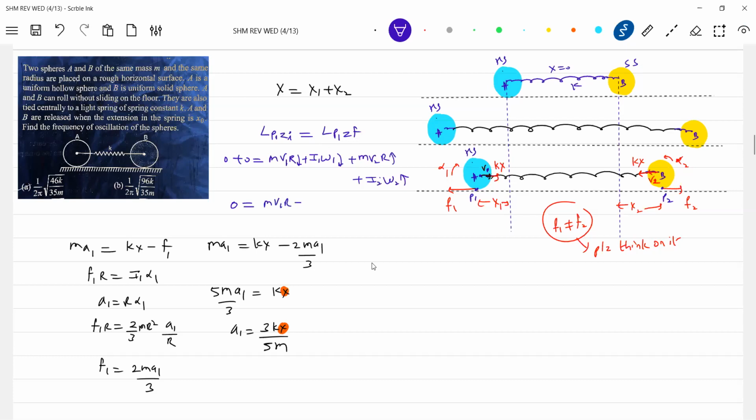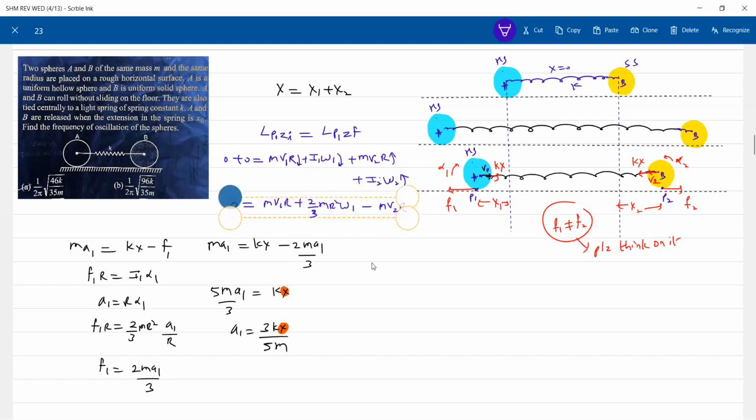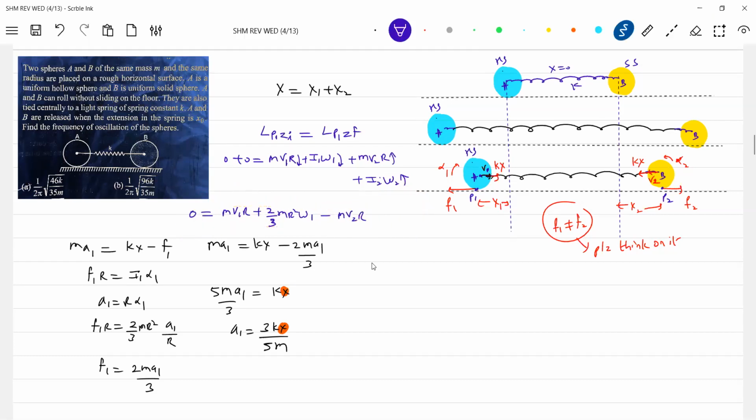m V1 R plus 2 by 3, minus, why negative sign? The senses of rotation are different, no? Minus this will be 2 by 5.